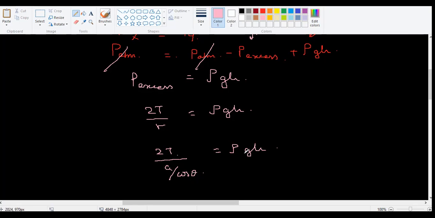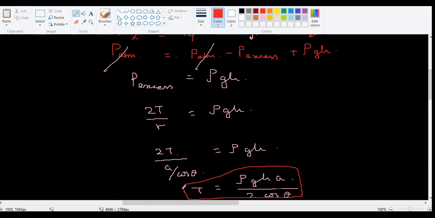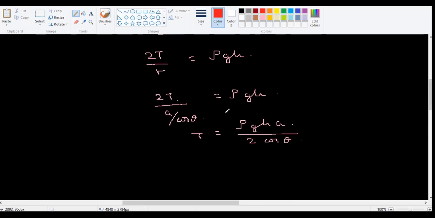So if I want T, this entire thing goes on this side. So T is equal to, A cos theta goes here, so I'll be getting rho g h A, divided by 2 comes on the bottom, so 2 cos theta. Take it down properly.